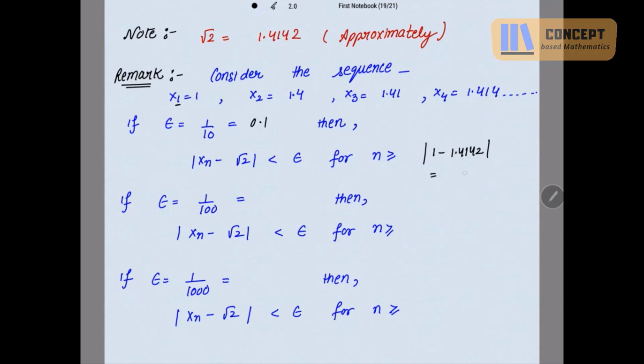This is 0.414. Is this value less than this epsilon? Is this value less than 0.1? No, it's not less than 0.1. So I skip this one. I take my n to be greater than or equal to 2. Now let me check.